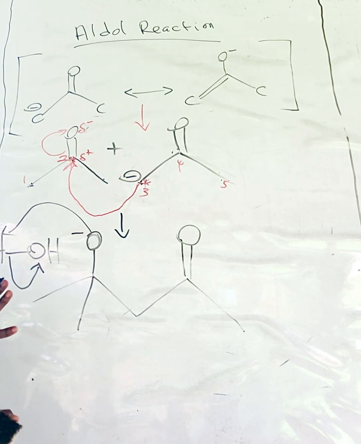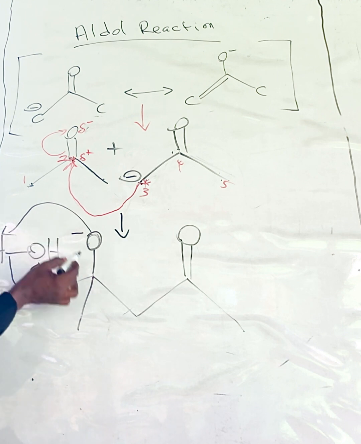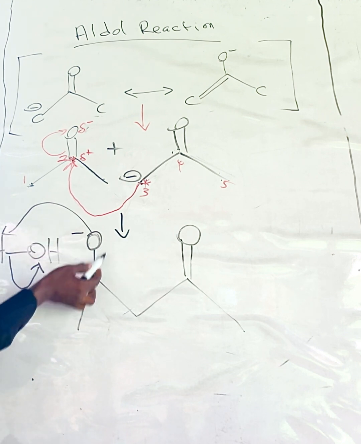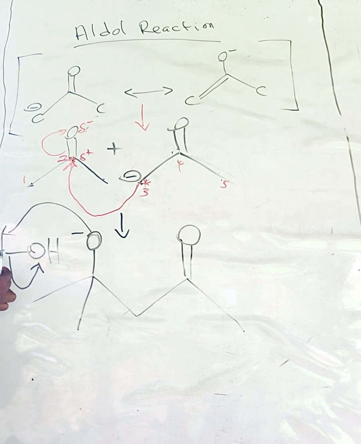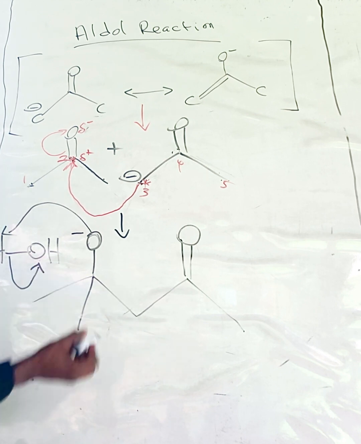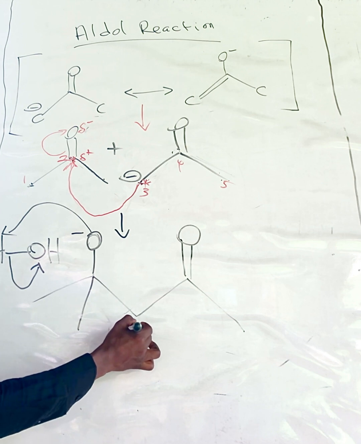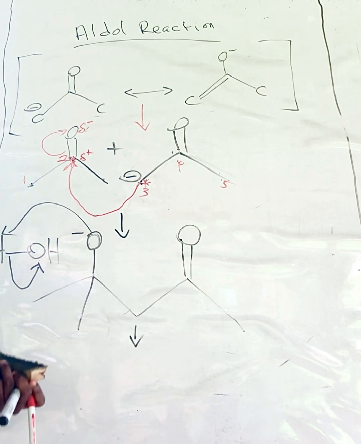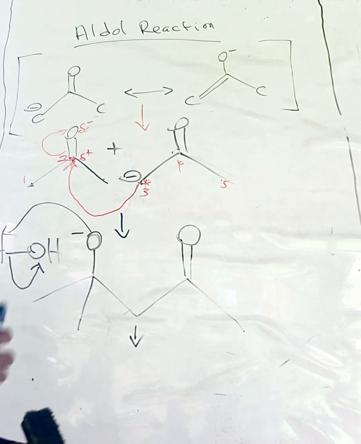And I'm sure by this time you see it clearly, right? By now it is clear for you. Good. So now our negatively charged oxygen species abstracts our proton. The proton or the hydrogen breaks the bond onto the base. All right. So now we end up having our final Aldol product.